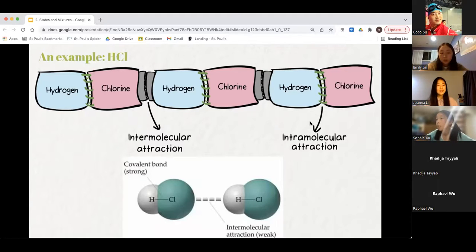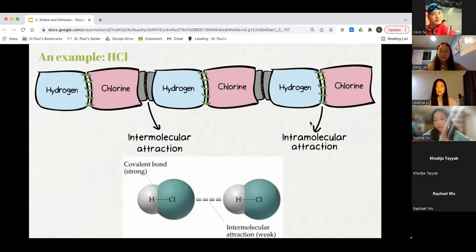You can see that the H and the Cl are really close together, because the covalent bond is really strong. So it keeps the two close together, making them one molecule. Versus the intermolecular attraction, represented by the dotted line, which is weaker, so the molecules are further apart and separated.